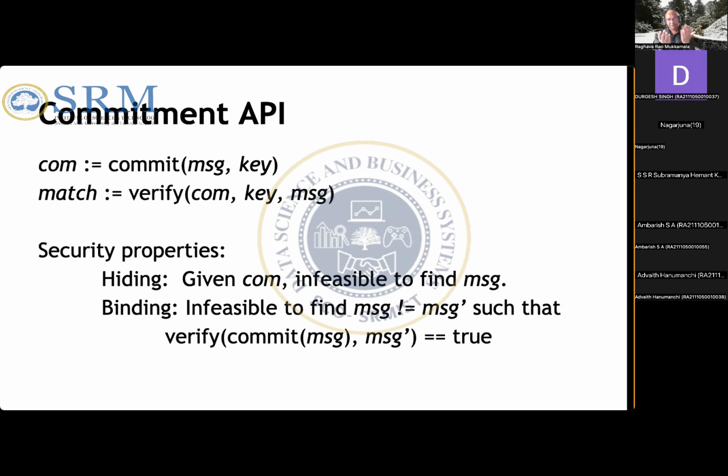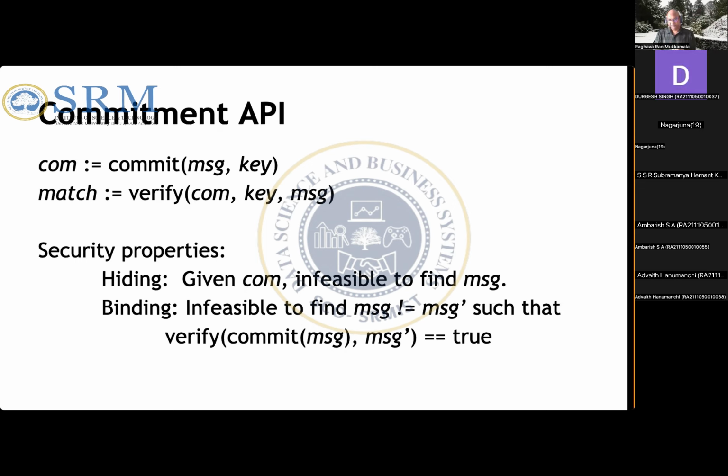If I am honest, if I chose heads before the lottery, and if I use the proper key, and the people can put together these two things, and they will hash it, and if they get the same hash value as the commitment which I provided before the lottery, then my commitment is valid.